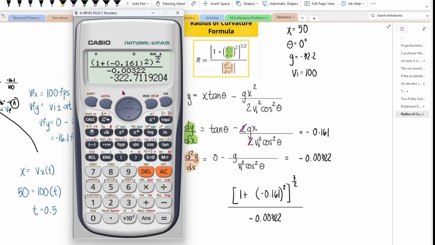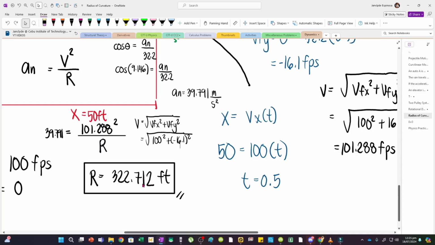This gives us minus 322, but again, just use the positive value, 322.71. So the two approaches give the same result, but the shortcut formula, if you're able to memorize it, is better.